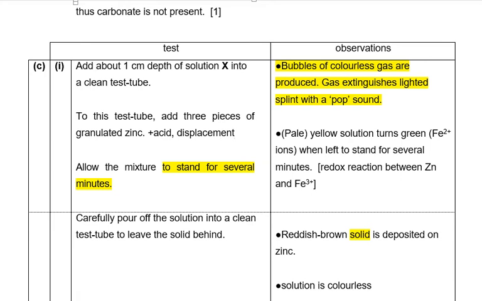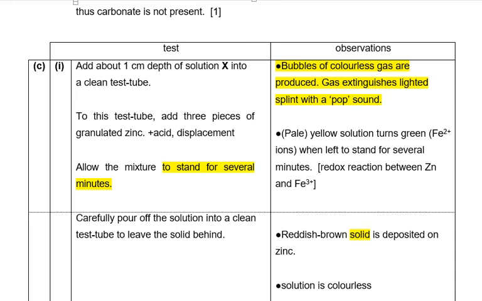That means that maybe my solution X contains a metal cation and of course an anion. So I'm looking at whether my zinc will be able to displace the metallic cation that is present in solution X, and I want to make observations. You take a look at the next instruction.